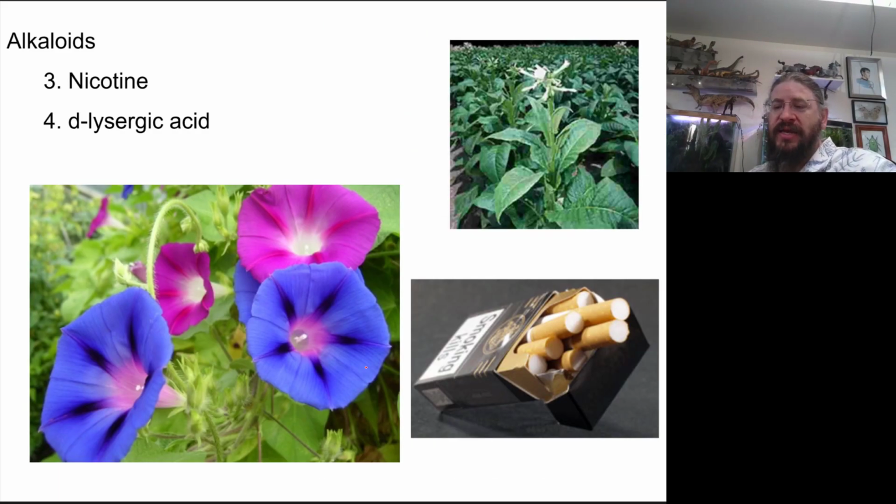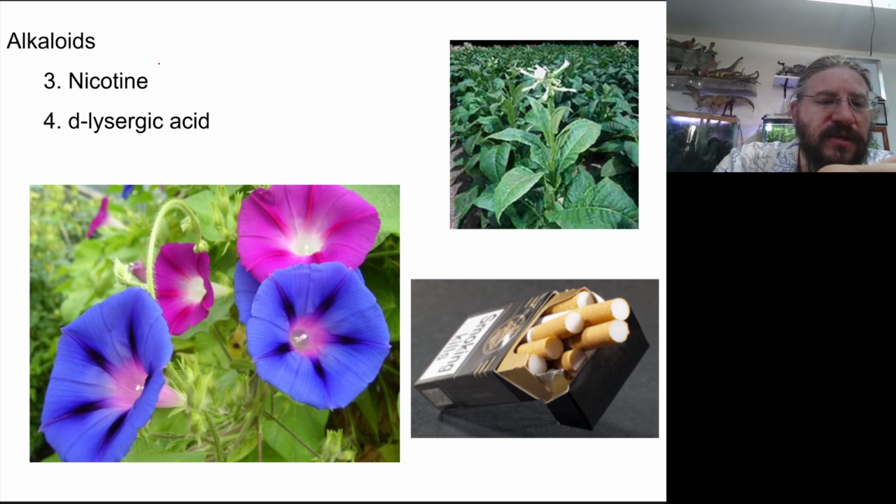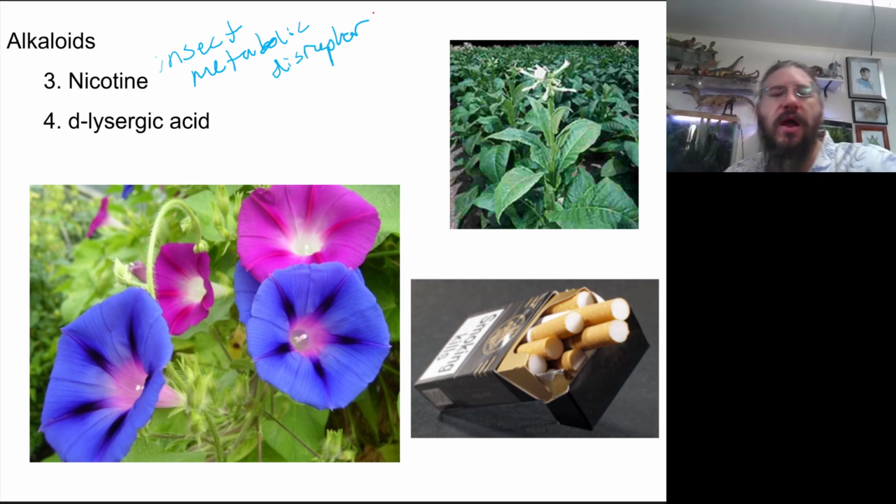So like I said, nicotine on tobacco plants, it's a metabolic disruptor. So for insects, metabolic disruptor, it kills insects. Which makes it all the more interesting that in humans, it's mostly harmless, except it's highly addictive, which is kind of fascinating.